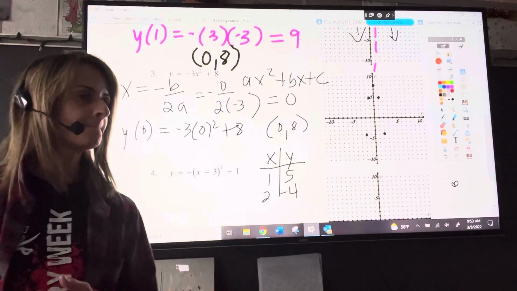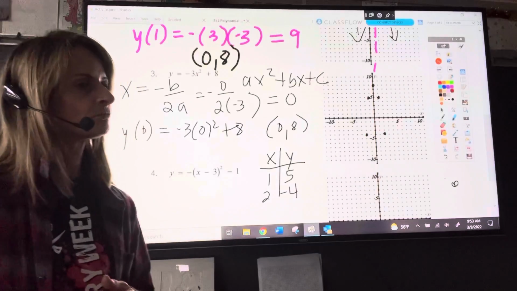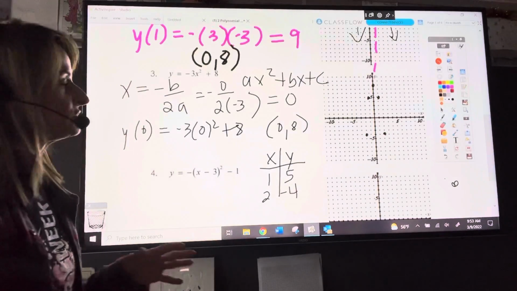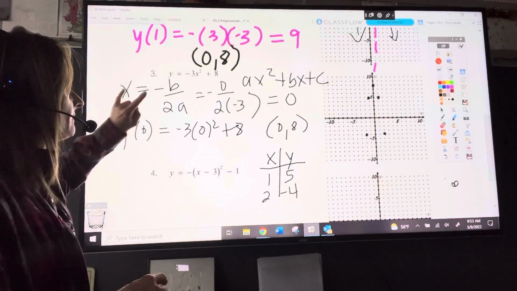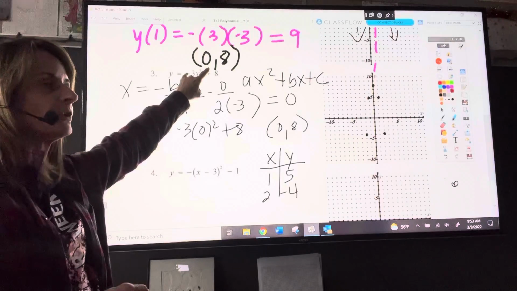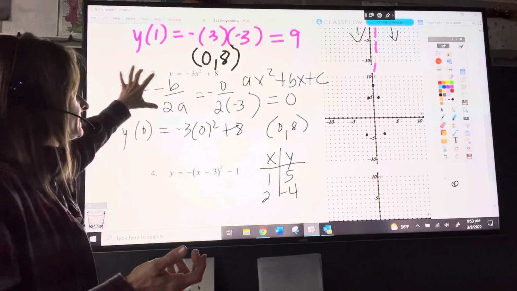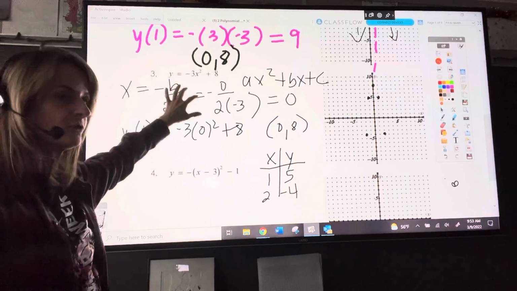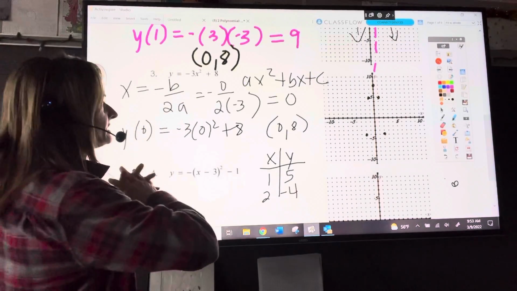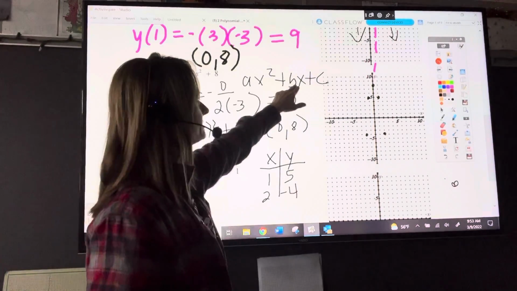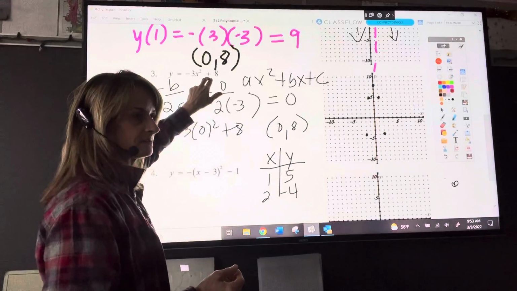Can you re-explain the beginning of this problem? So to find the vertex for an equation that's in standard form, you have to use this formula, x equals -b over 2a. You have to use the coefficient for x. In this case, we have 0 x's.